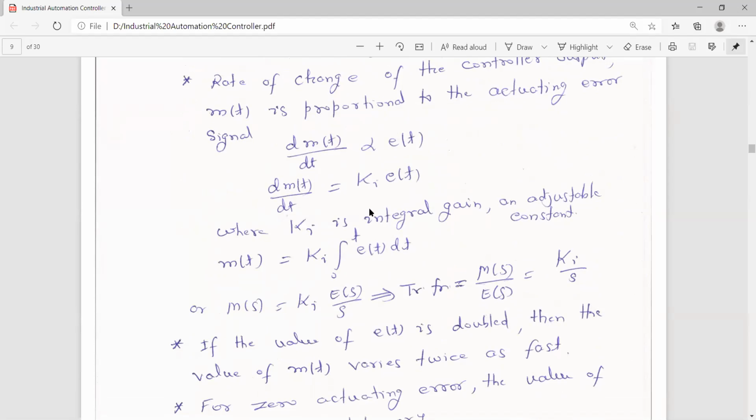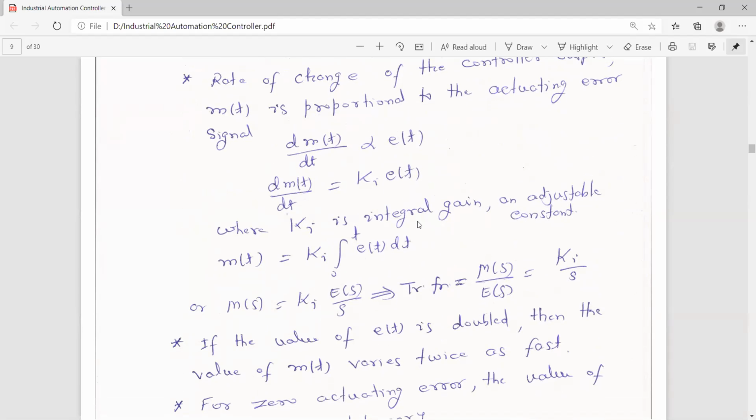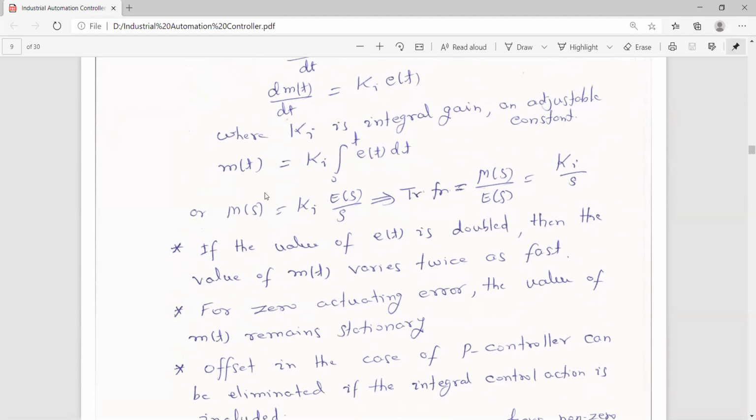Since the name is integral, we use I, so Ki into ET, where Ki is known as the integral gain, which is adjustable. From here, we get MT is equal to Ki integration 0 to t ET dt, and that's why the name is integral controller.